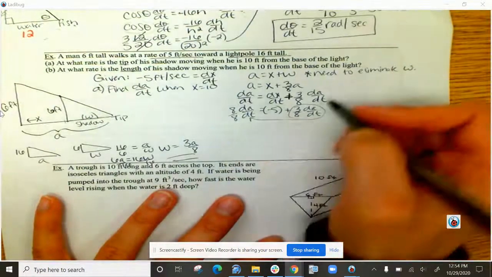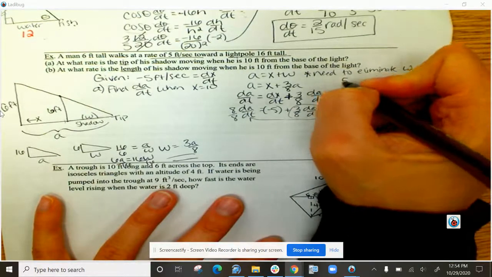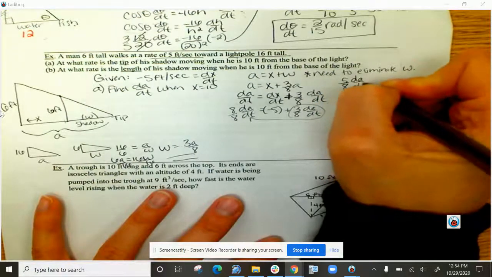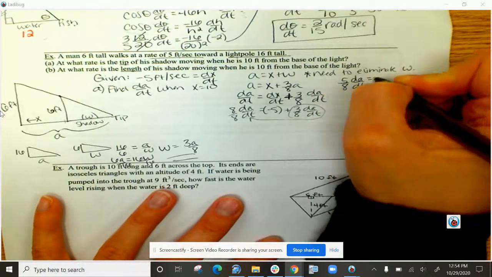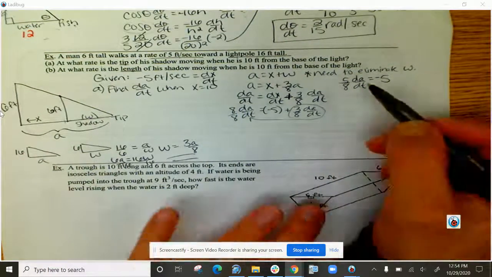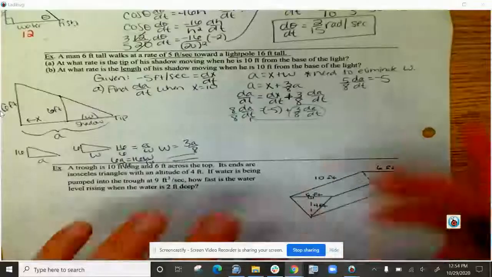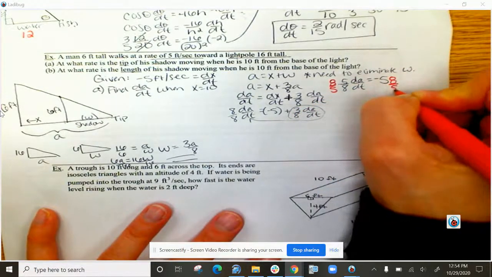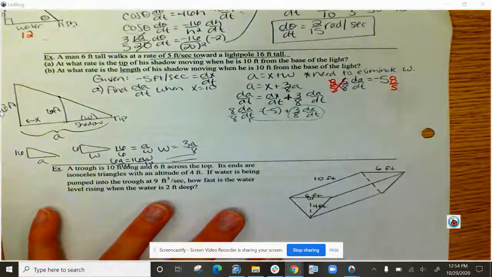So when I move this over, I get 5/8 dA/dt equals -5. And then in order to solve for this, I need to multiply by the reciprocal. So I'm multiplying by 8 over 5. I'll get rid of that.